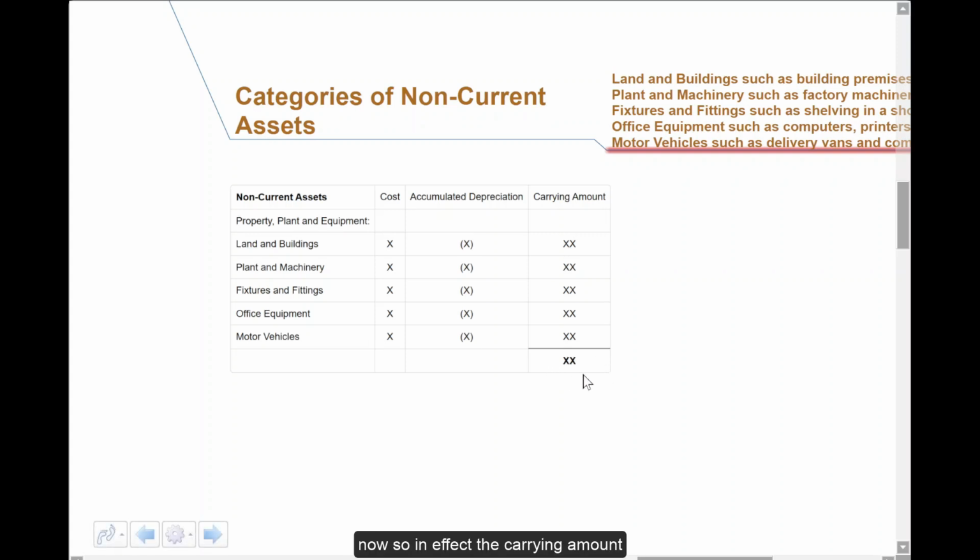In effect, the carrying amount says, I know that you purchased all these assets over the last 10 years for 10 million. I know that you've had depreciation of 4 million. But the bottom line is, as of now, we anticipate that if we were to sell, the book values would be around 6 million. We can't predict the future, but we're trying to estimate, with our depreciation rates, how assets will fall in value generally over the course of time.